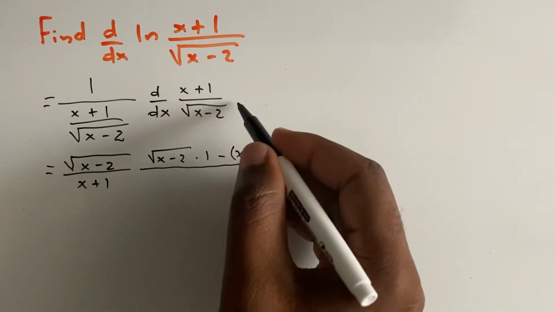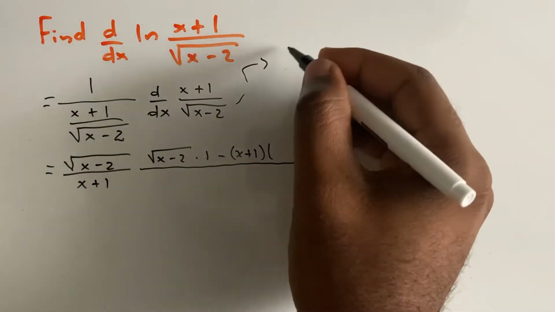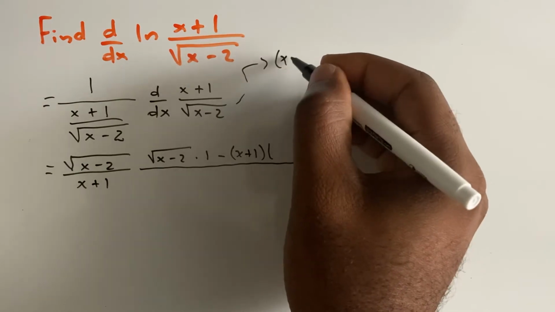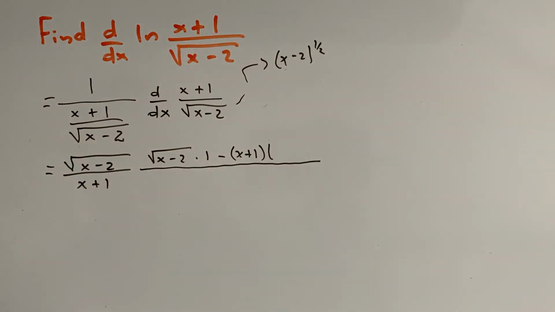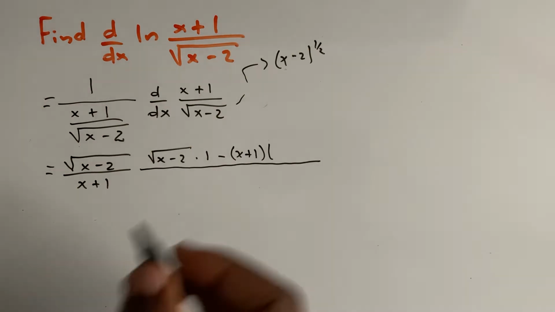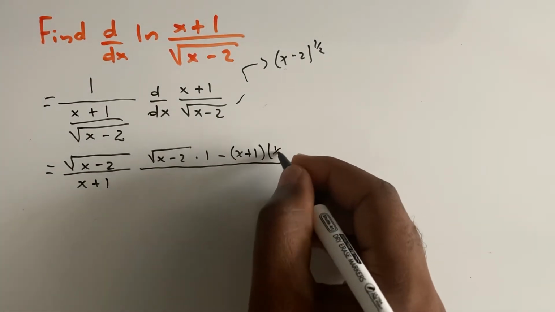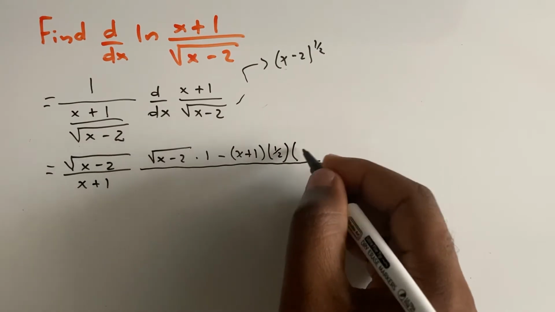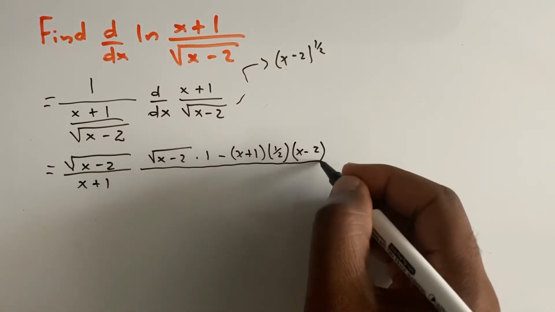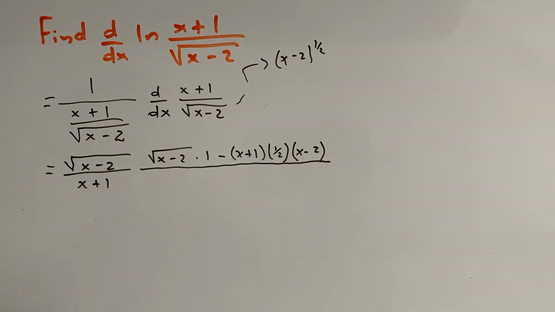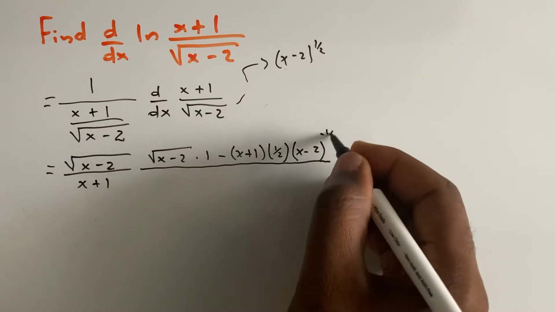The bottom part, the square root of x minus 2, can be written as x minus 2 to the half. So its derivative is half times x minus 2, with the exponent half minus 1, which is negative half.